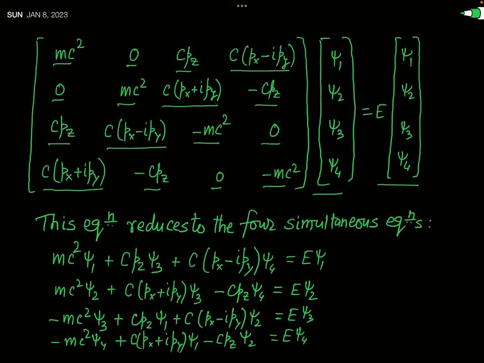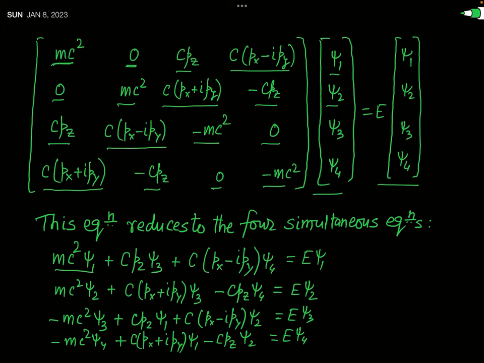Now you can see this matrix equation can be written in the form of 4 simultaneous linear equations. This is a very simple expression. The mc square will be operated on psi 1, so the first term is mc square psi 1, plus 0 operated on psi 2, which is simply 0, so I have not written 0 psi 2.